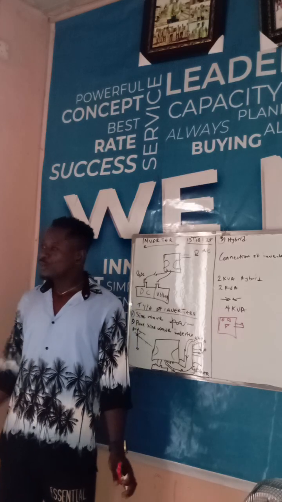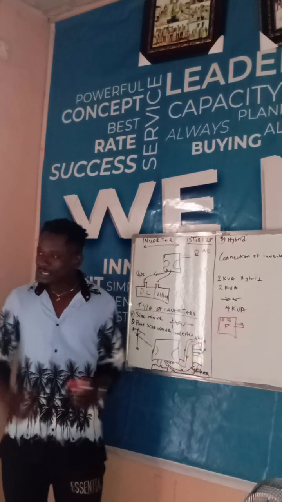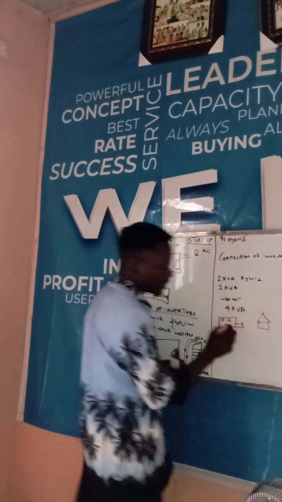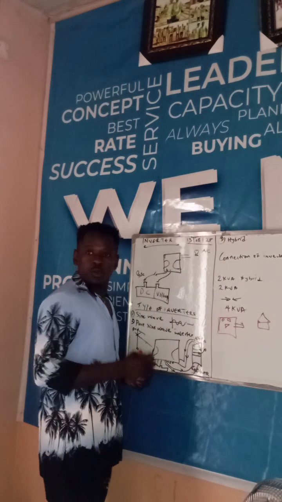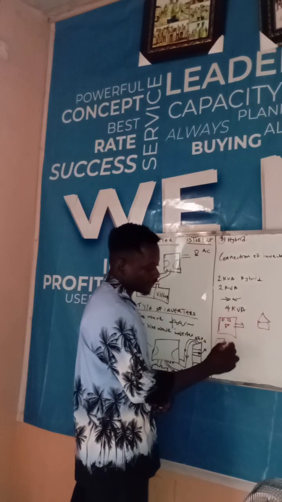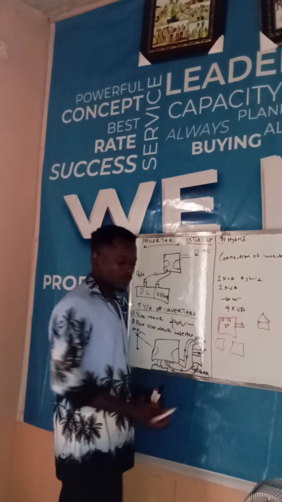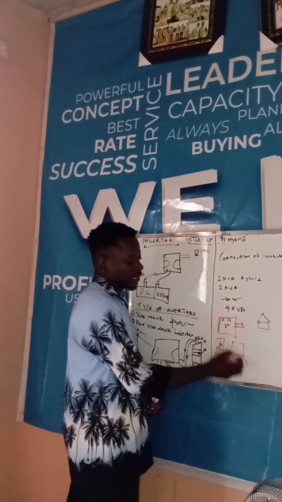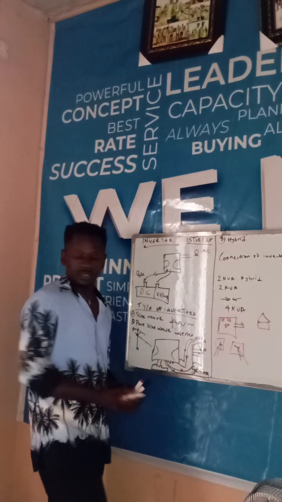Do you understand? So coming back to this particular thing, this house was supposed to be powered by one inverter, which is 10 kVA. But what you now did is you separated the load. You gave 5 kVA, you carry all the bulbs and TV, put here. All the AC, put here. The same house.